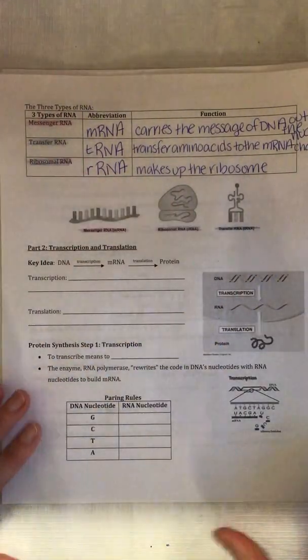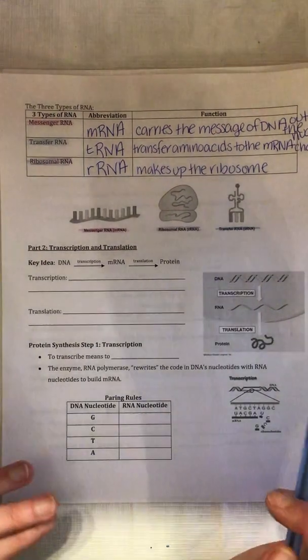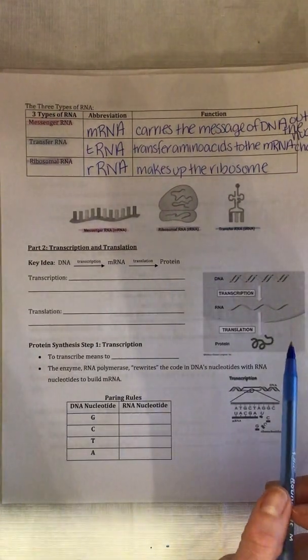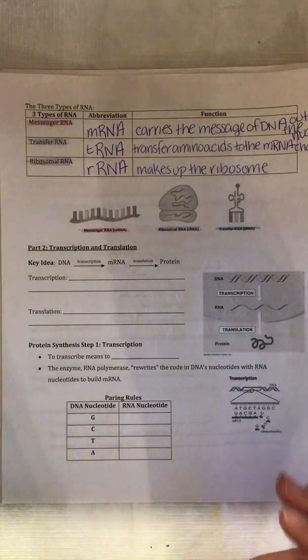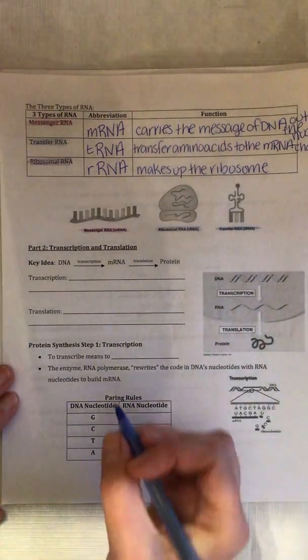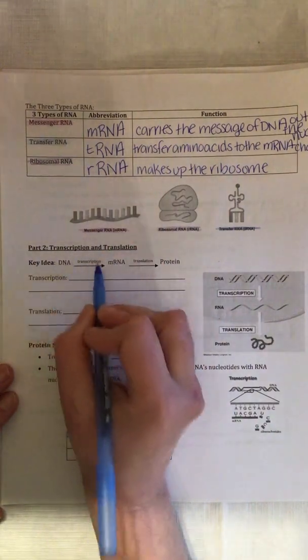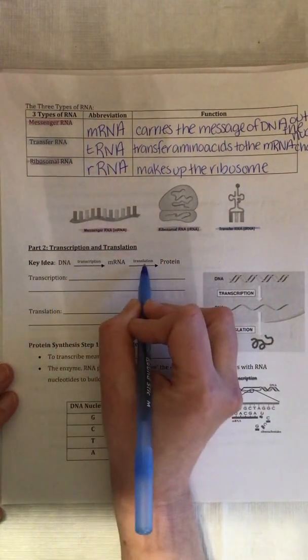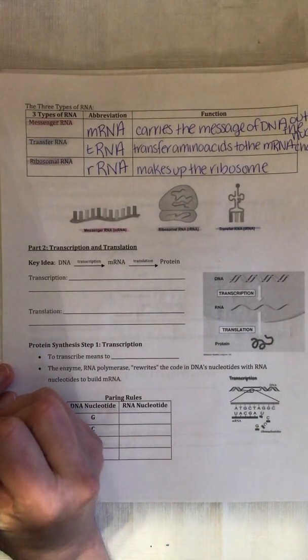All right, so part 1 was a little background. Part 2, diving into what is this thing, transcription and translation. So transcription is, we go DNA, transcription, mRNA, translation, protein.